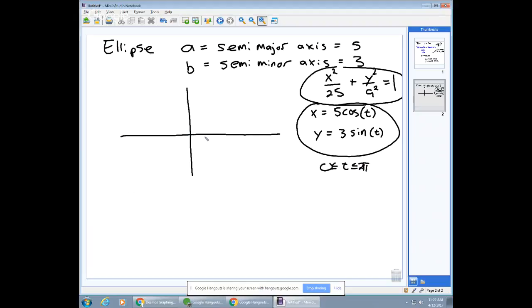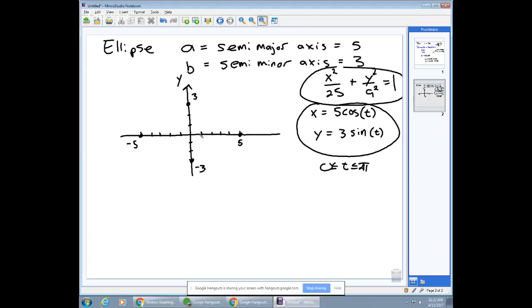So 1, 2, 3, 4, 5. There's 1 endpoint. 1, 2, 3, 4, 5. There's another endpoint. Up 1, 2, 3. Up 1, 2, 3. And just a note on why I'm using the terms major, minor, and semi.